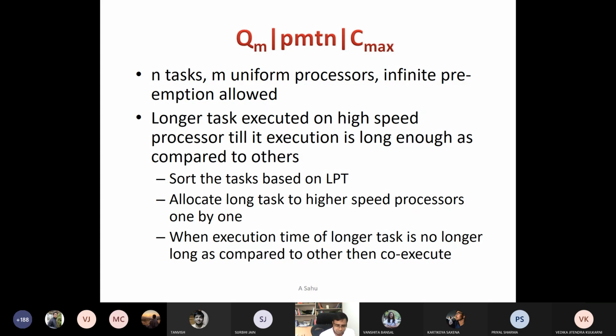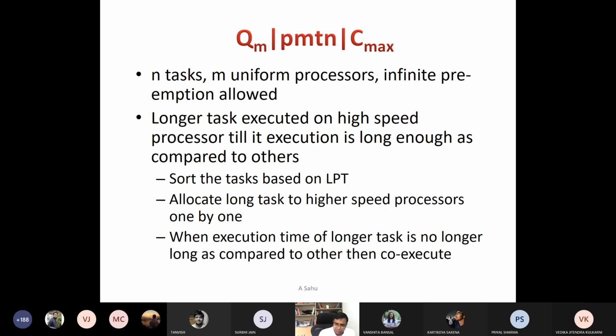So similar to the earlier case: n tasks, M uniform processors, infinite preemption allowed. This problem also can be solved polynomially. Simply, longer tasks execute on a high speed processor as long as their execution is long enough compared to others.